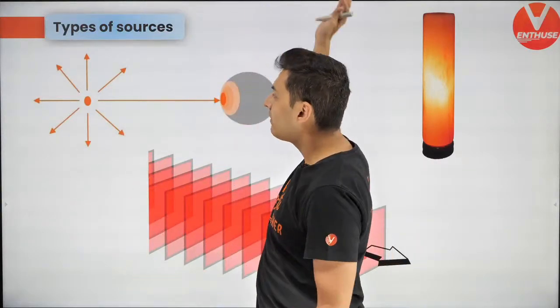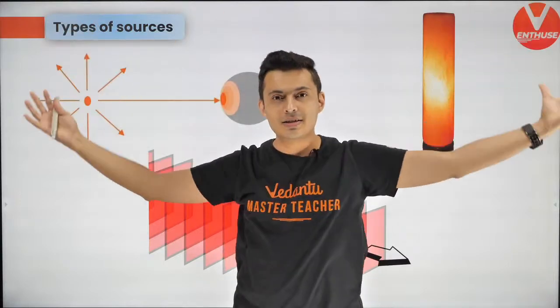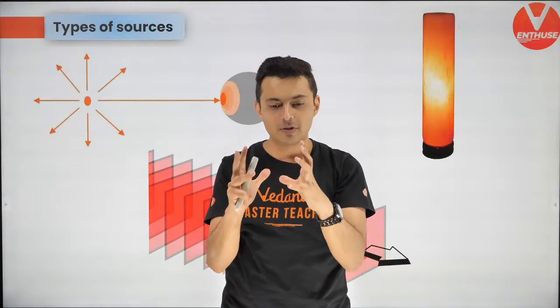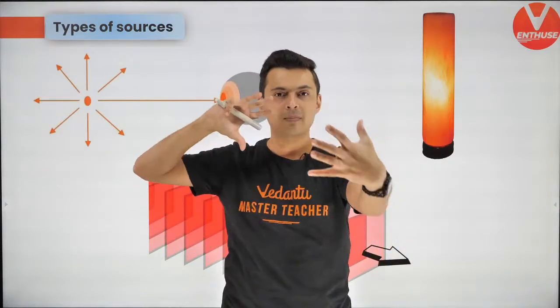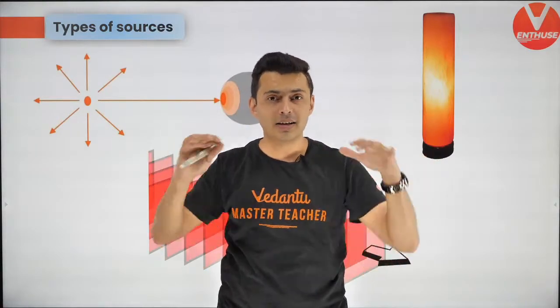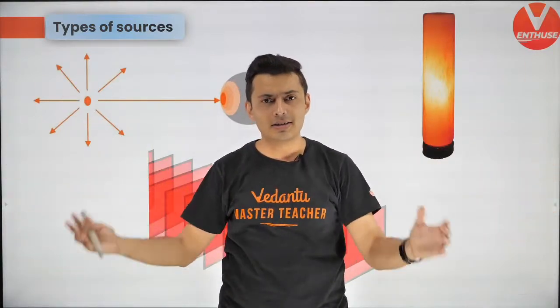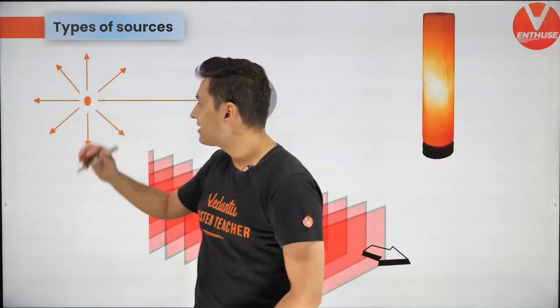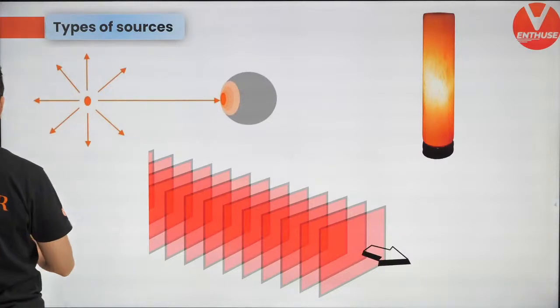That means the sound is going everywhere. So you will see the sound is distributed over imaginary spheres which are constantly expanding, like the light rays from the sun expand in all the directions and form spherical wavefronts. That's an example of point source of sound.